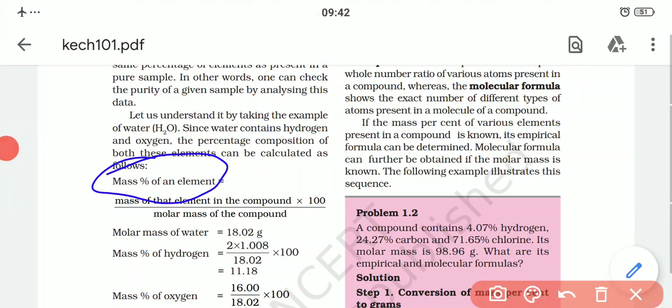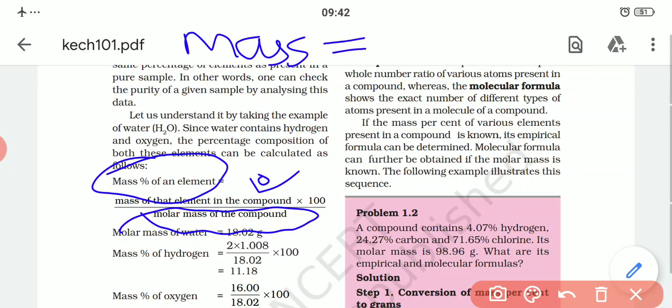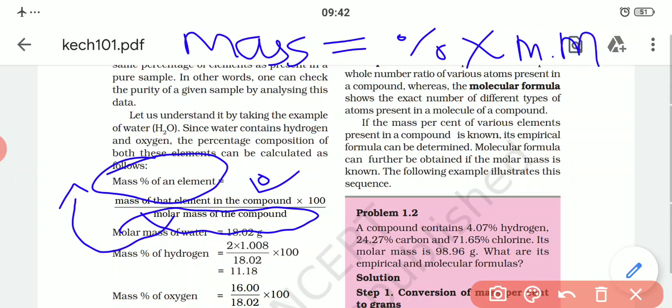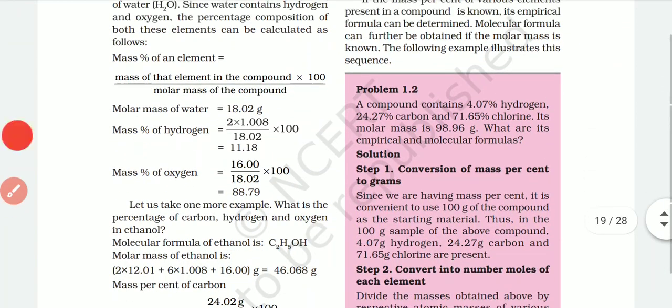Percentage is given, molecular mass of compound is given, and I want to find the mass. So mass of that element is equal to percentage multiplied by the molar mass of the compound, divided by 100.